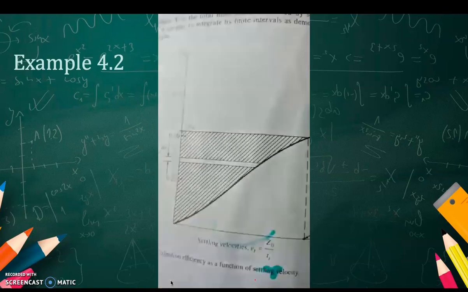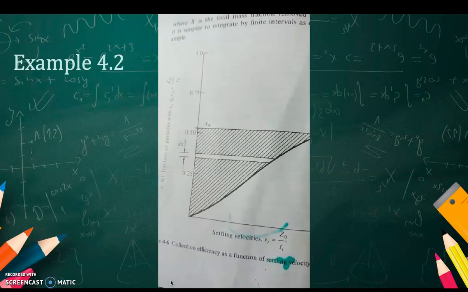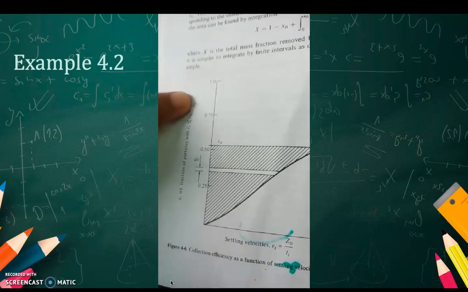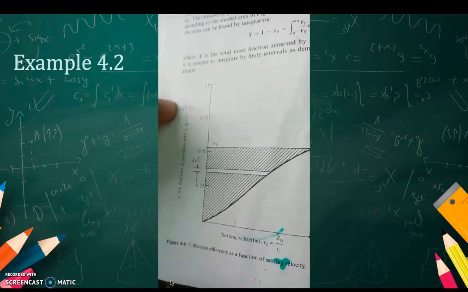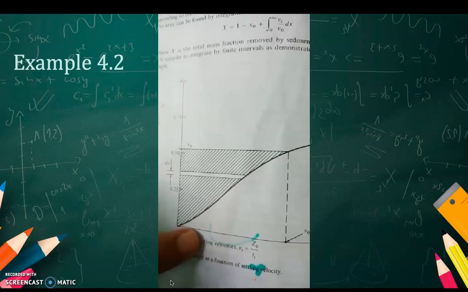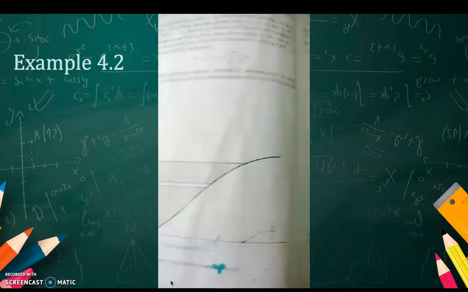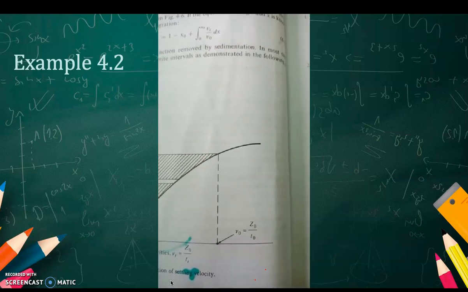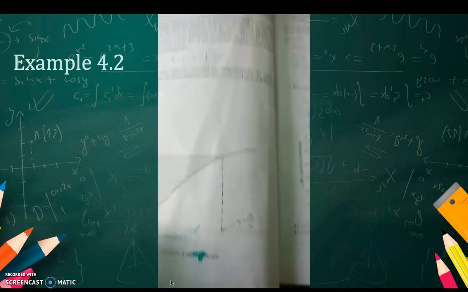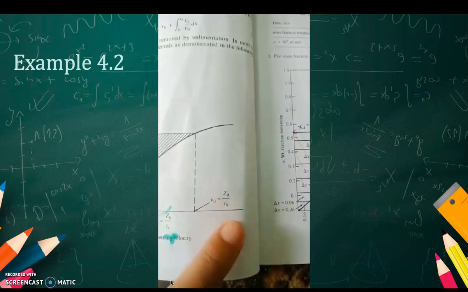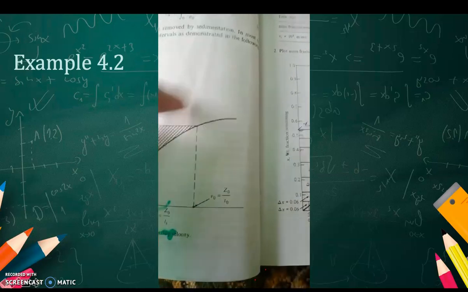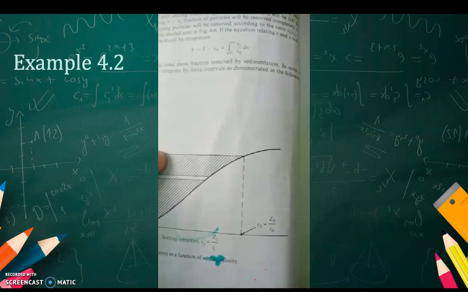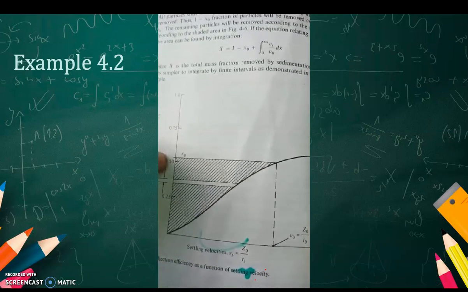If you look here, the y-axis is actually the x fraction of particle, versus settling velocity. From the equation to find the settling velocity, which is v naught equals z naught over t, you will define the settling velocity and the fraction removed.